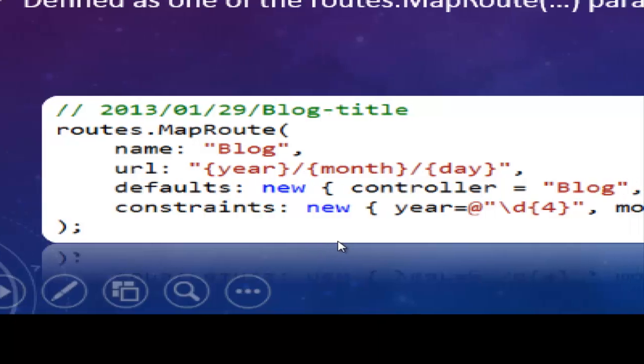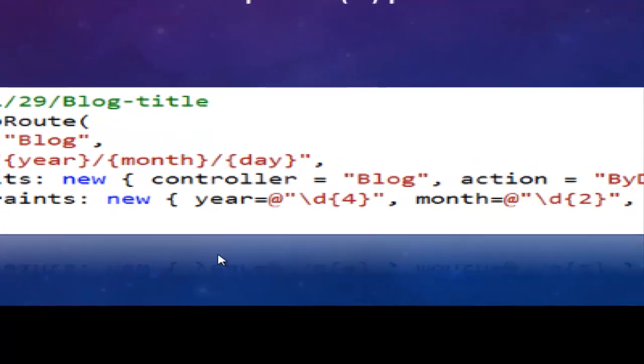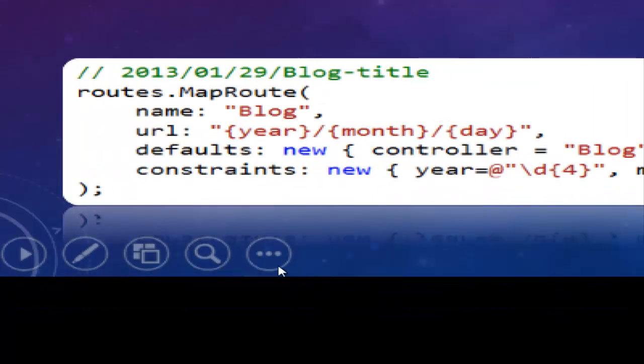But if you write this, the program itself becomes self-explanatory. It's like you are writing a remark statement specifying what it is going to take. So whoever reads this knows very well that blog must be the name, the other part must be a URL, the other one is the default, and the last part is the constraint.